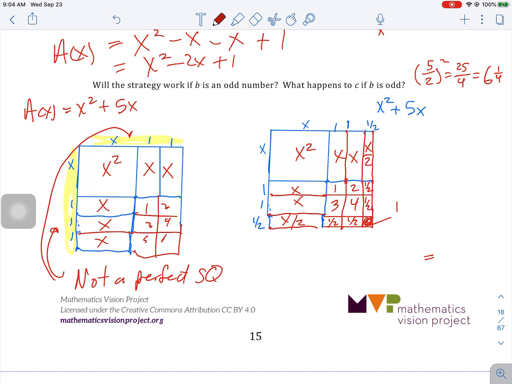And then remember this one right here is actually a fourth. So if we add those up, we actually get x squared plus 1, 2, 3, 4, 4 1/2 plus a half is 5x. 1, 2, 3, 4 plus a half, that's 5, 6 1/4.